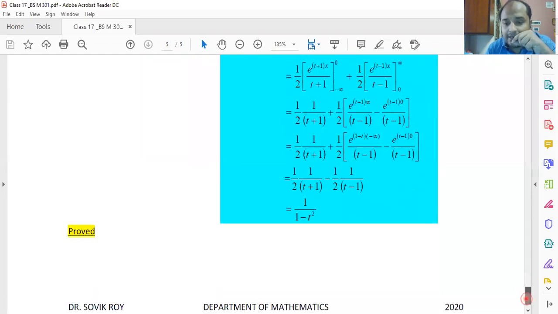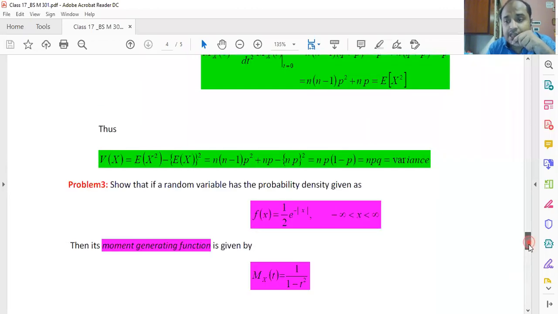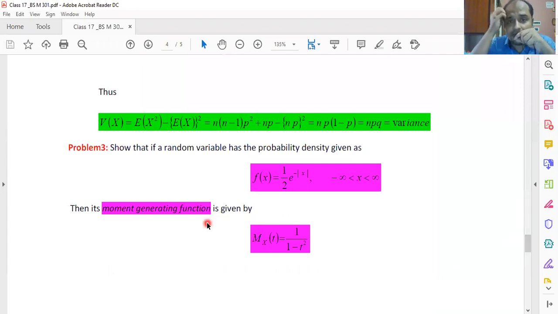If you simplify, you get 1 by 1 minus t square. So we have proved that for a continuous random variable x with this probability density function, its moment generating function will be of the form 1 by 1 minus t square.